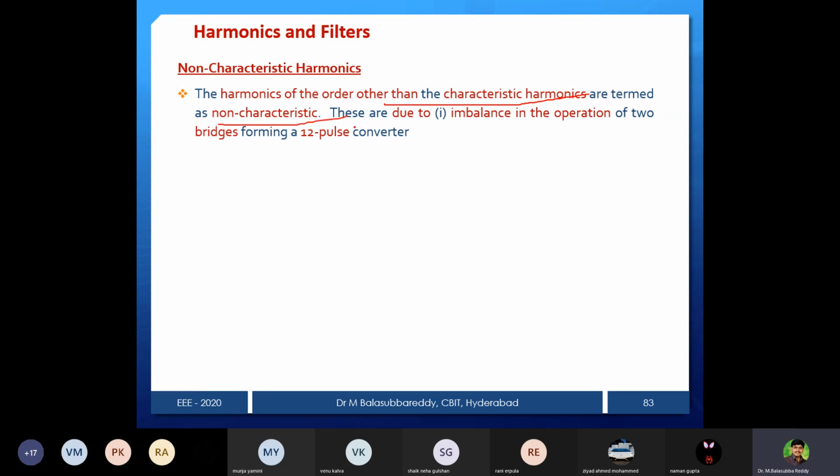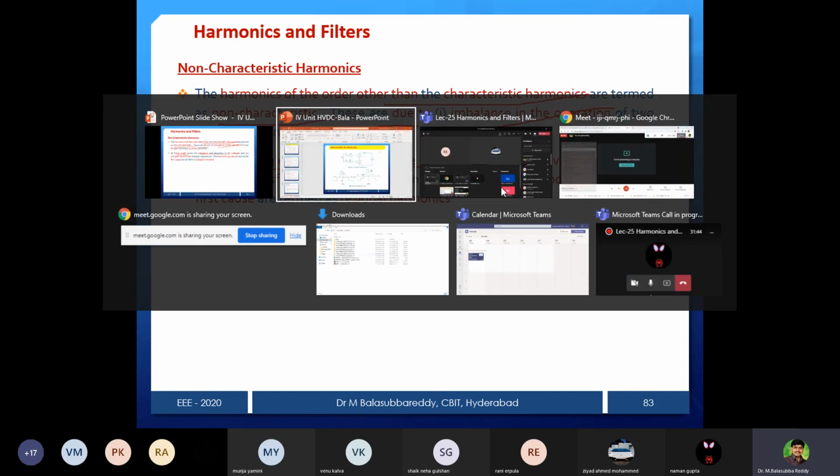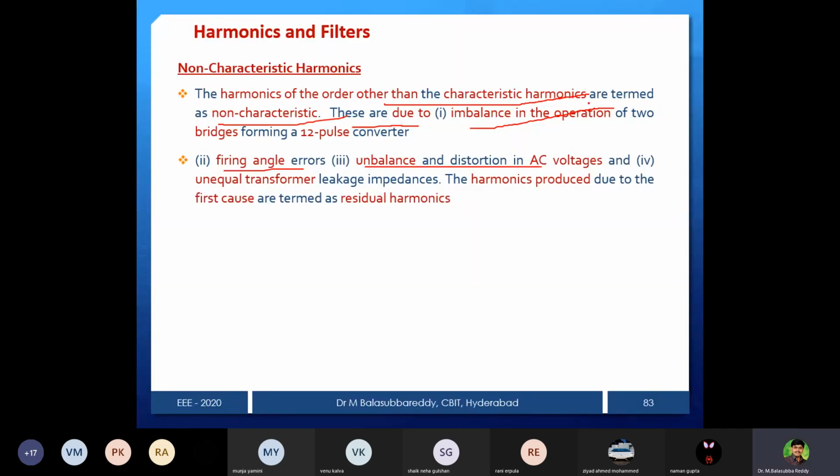And why will this happen? It is due to imbalance in the operation of the two bridges. That is one thing, then firing angle error, and then unbalance and distortion in the AC voltages, as mentioned in the previous slides.